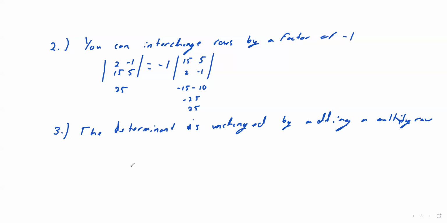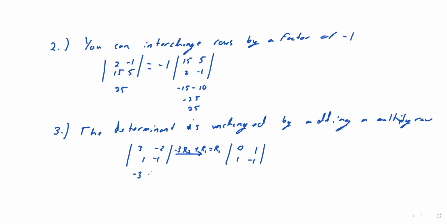Right? So that means that if I have something like this, I'll take 3, -2, 1, -1. And let's say I want to multiply row 2 by -3 and add it to row 1 to get a new row 1. I would then get 0, 1, 1, -1. These would still be the same answer.